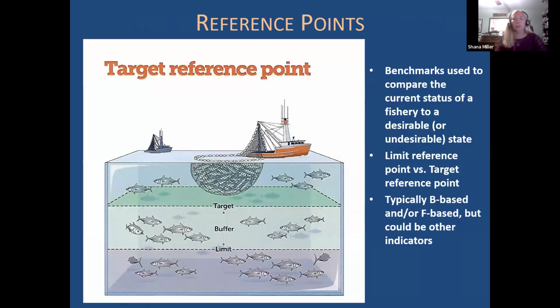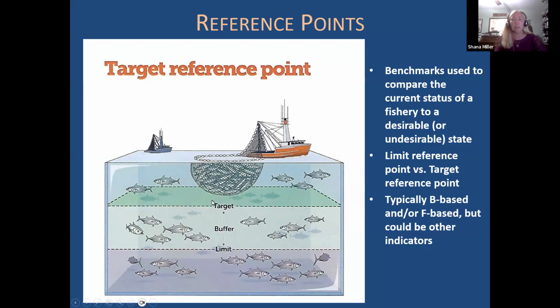So oftentimes in the management objectives, we will include what we call reference points, target and limit reference points. So I talked about the status objectives. That might be what your target reference point is. How abundant do you want your fishery to be?